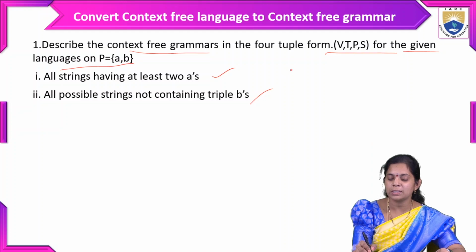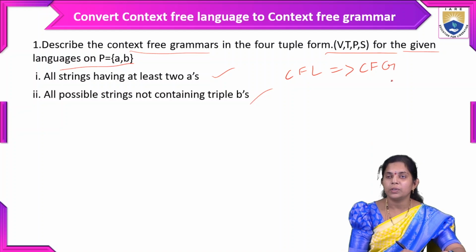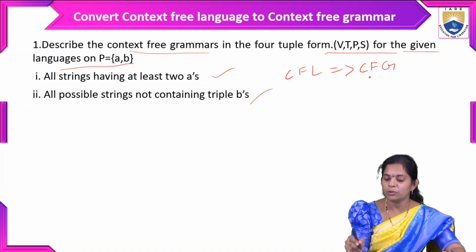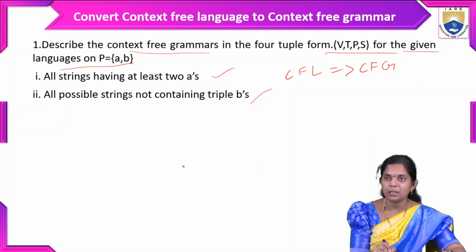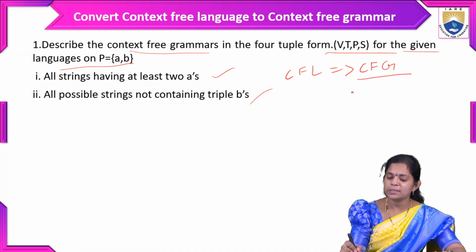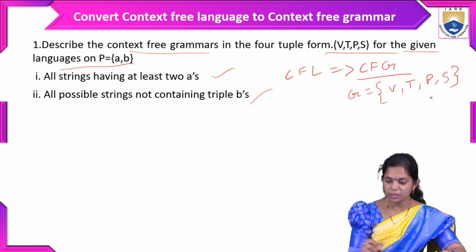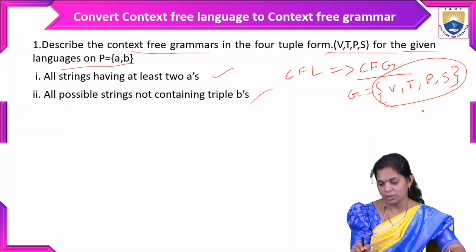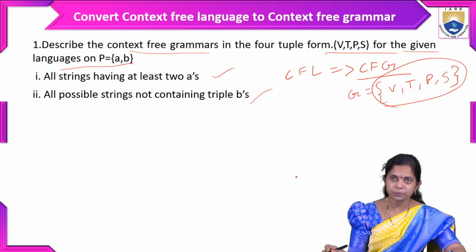Here the input is a context free language, and we need to convert it to a context free grammar. Grammar requires a 4 tuple notation V, T, P, S. So we need to write the grammar representation for the given languages.